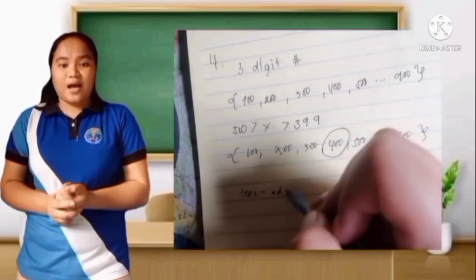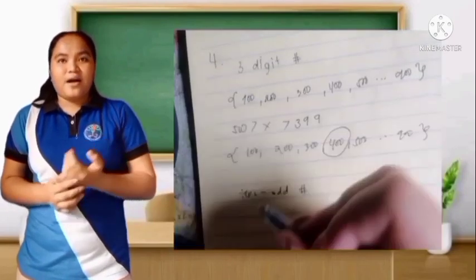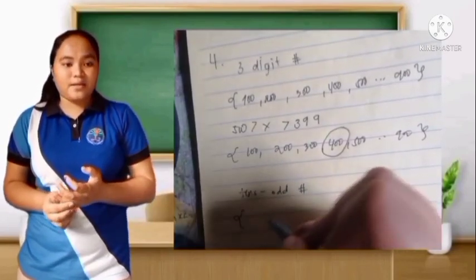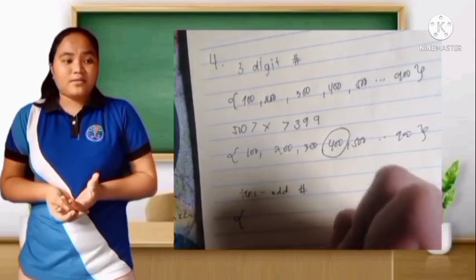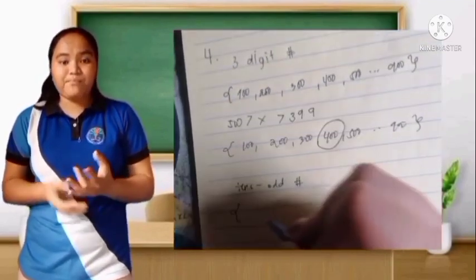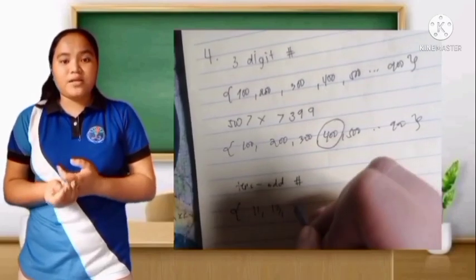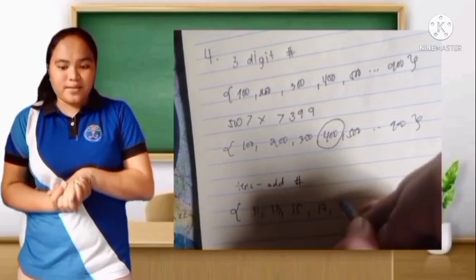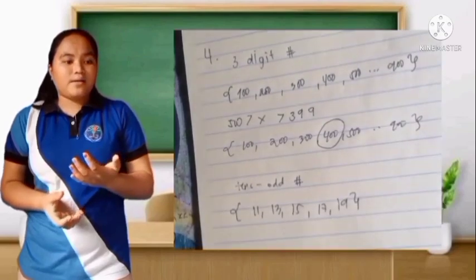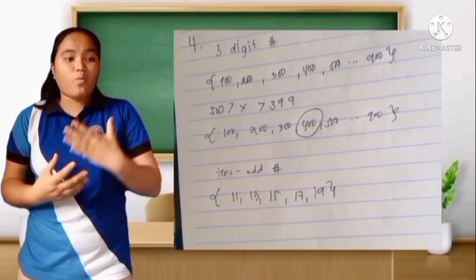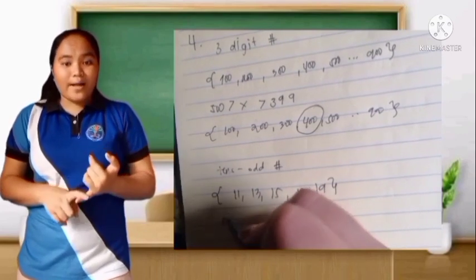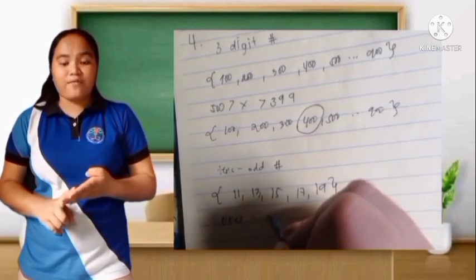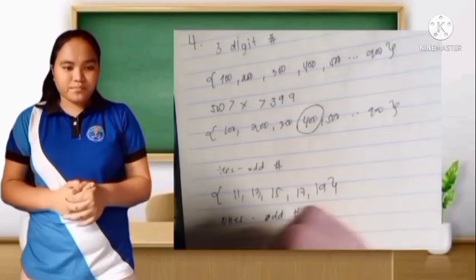Next, both my tens and ones digit are odd. So, tens odd number tayo. And their sum is 4. So, I will be deciding that my tens numbers are 11, 13, 15, 17, and 19. Now, like what the sentence said, the ones digit is also odd: 1, 3, 5, 7, and 9.